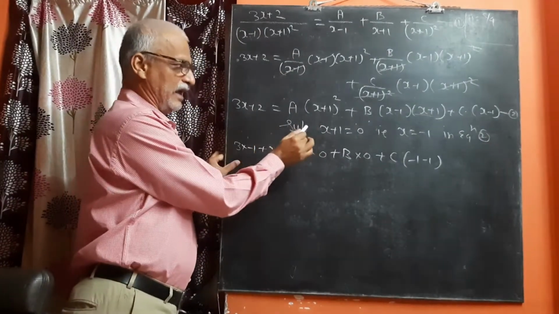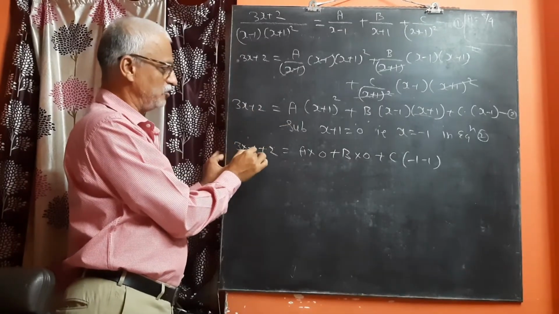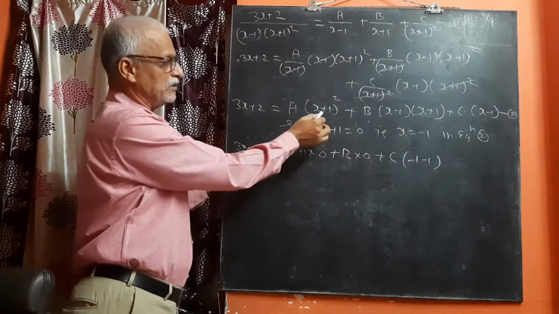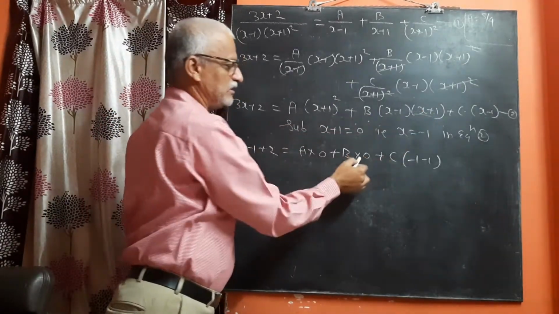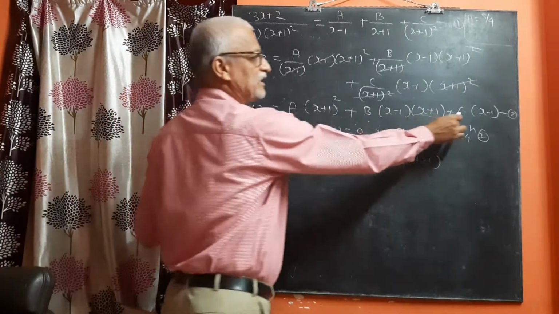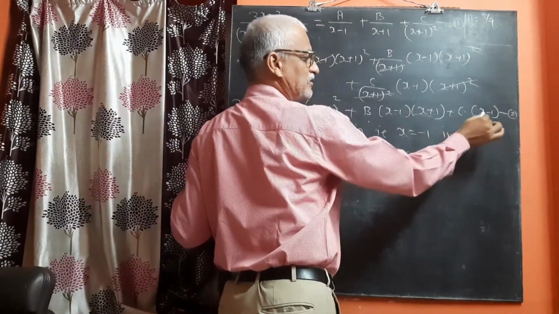I repeat again, substituting x equals minus 1 in 3x plus 2, we get 3 into minus 1 plus 2 equals a into 0 plus b into 0 plus c into x minus 1. There is no x plus 1, so substituting x equals minus 1, we get minus 1 minus 1.